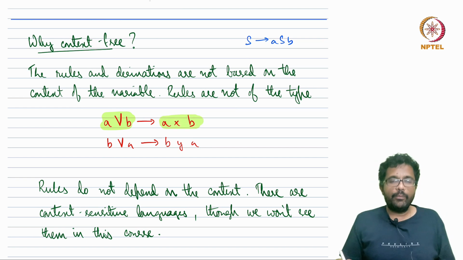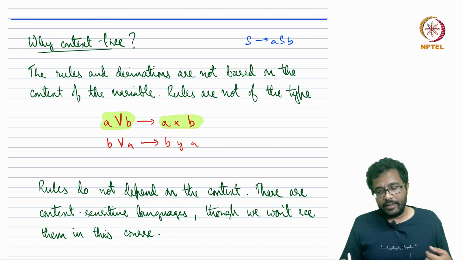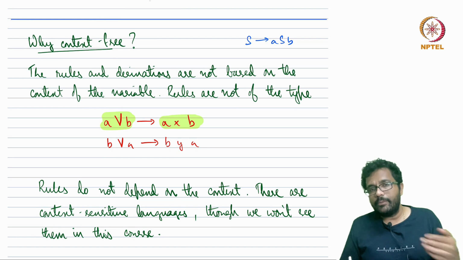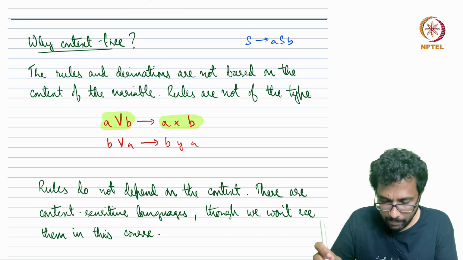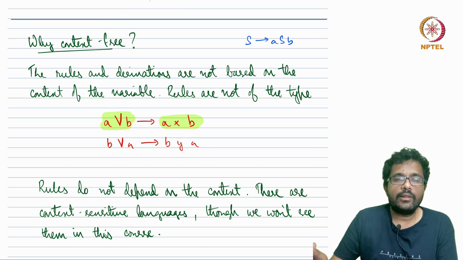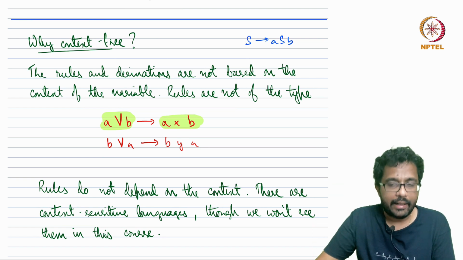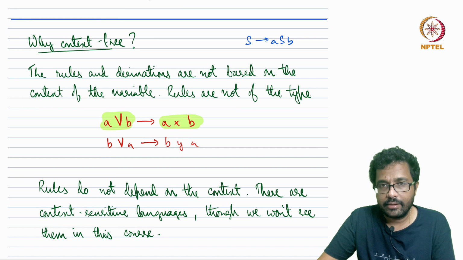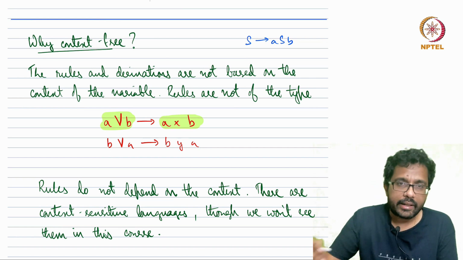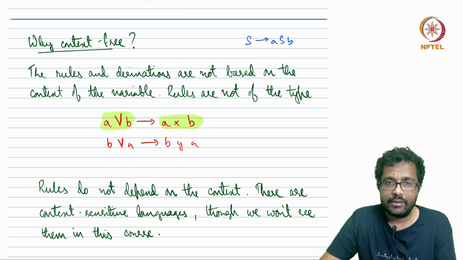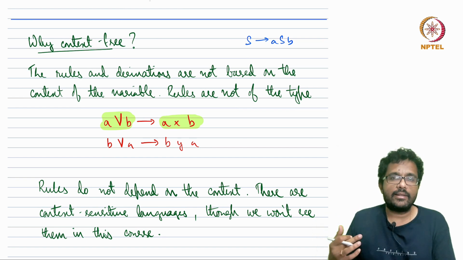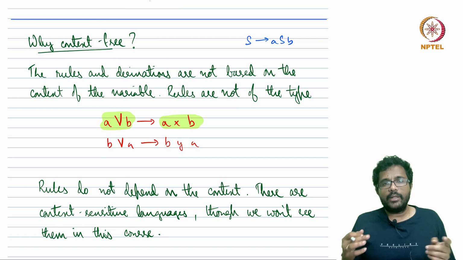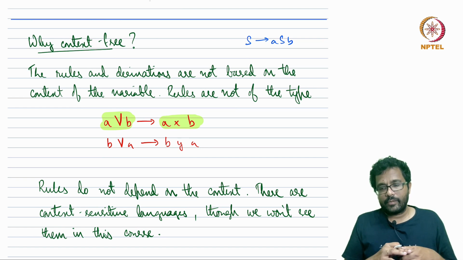However, suppose it was of the form BVA, then you replace V by Y. What I have written here is an example of rules where we look at what is to the left and right and then decide what to replace it with. Meaning I am looking at the context in which the variable is situated to determine which rule applies to the variable.